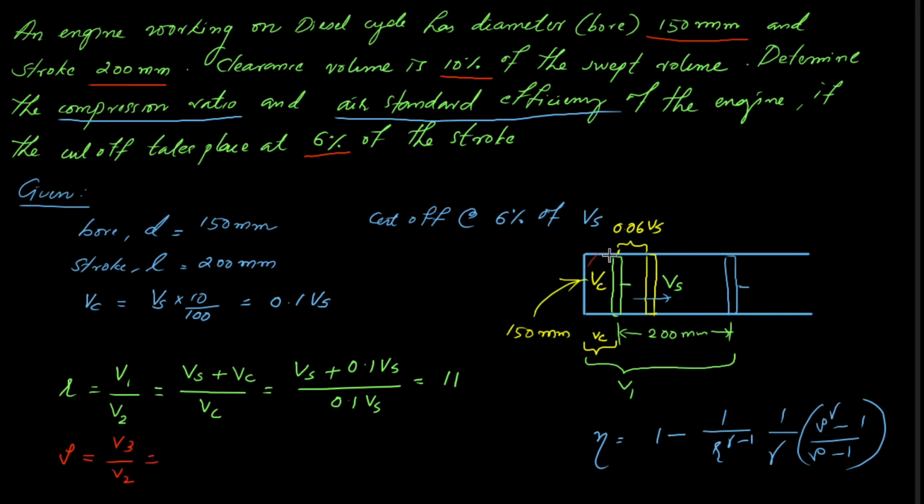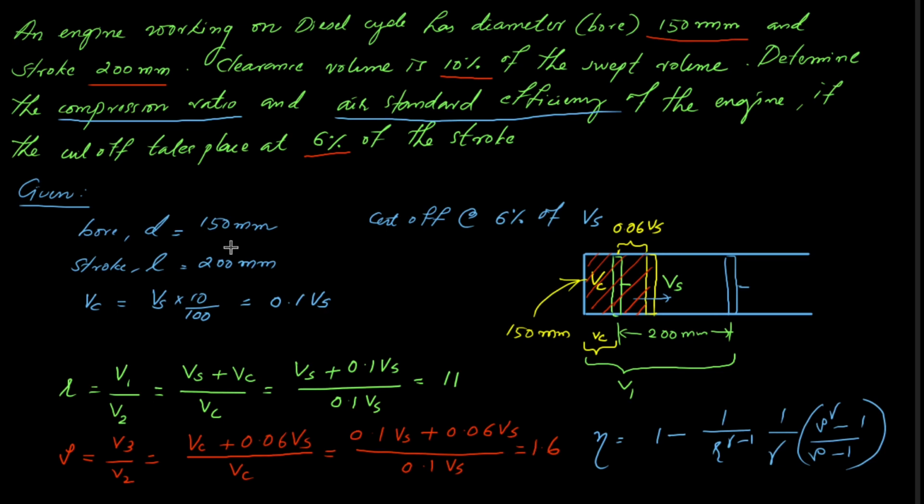V3 is this volume, so that will be equal to Vc plus 0.06 Vs, divided by V2, which is again Vc, that is 0.1 Vs. That is equal to 1.6.